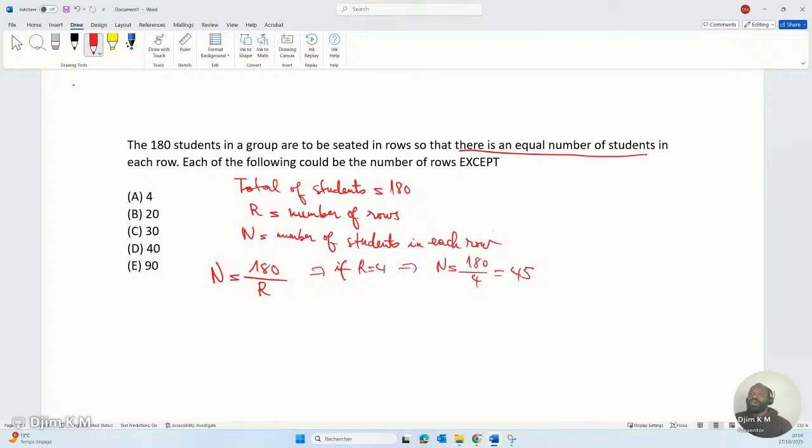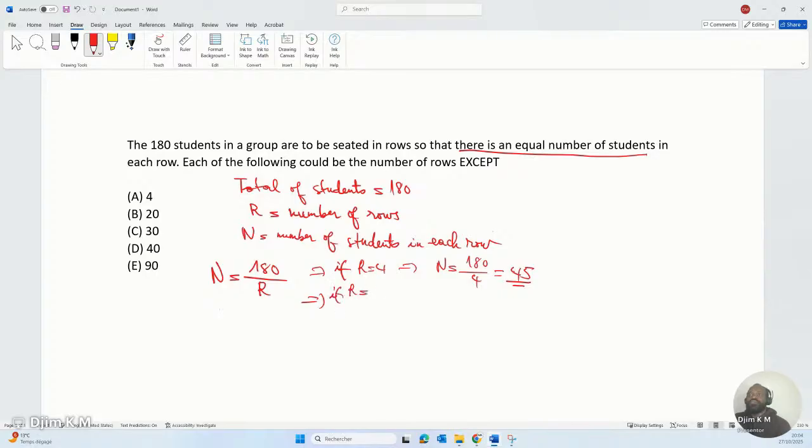So r being equal to 4 can possibly be the number of rows. We can have 4 rows that will be occupied by 45 students each. Okay, so the question asks which could be the number of rows except, so we need to find the exception here.